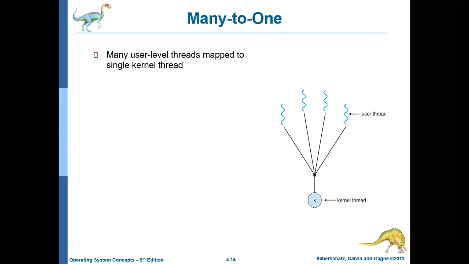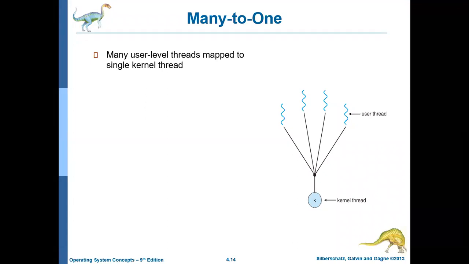All user threads need to take the support of a kernel thread. A user thread cannot exist by itself. It should depend on some kernel thread. In a many to one threading model, many user threads will be mapped to one kernel thread.